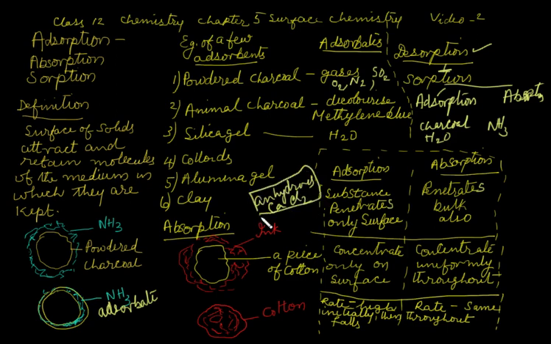Anhydrous calcium chloride has the capacity to absorb water from the atmosphere, whereas silica gel adsorbs water. Silica gel adsorbs water. Anhydrous calcium chloride absorbs water. So both can remove water, but the process by which silica gel removes water is by adsorption, and how calcium chloride does this is by absorption.